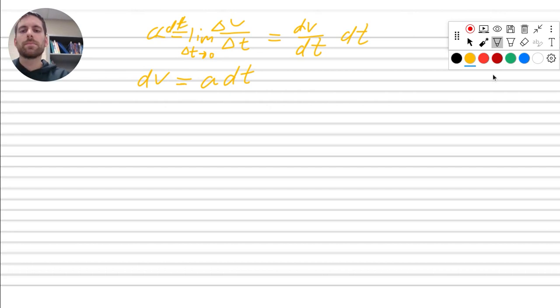Right. And we're going to integrate from v initial to v, and 0 to t. Once I do that, I'll get v minus v initial, since there's nothing I'm changing. Integral. This is going to be a and t.